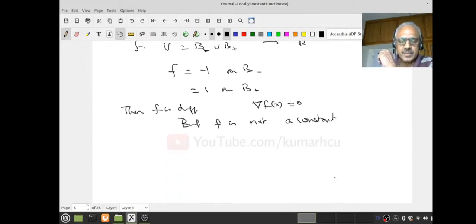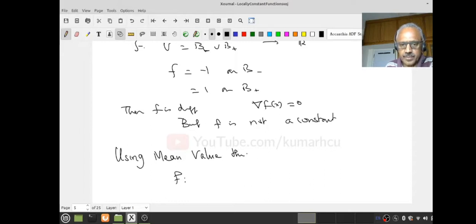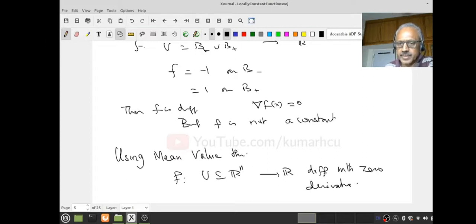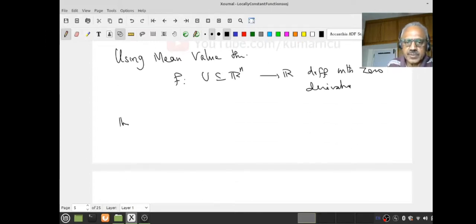Okay, you understand that? What you can actually show, using the mean value theorem, is that if f from U in R^n to R is differentiable with a zero derivative, then f is locally constant.